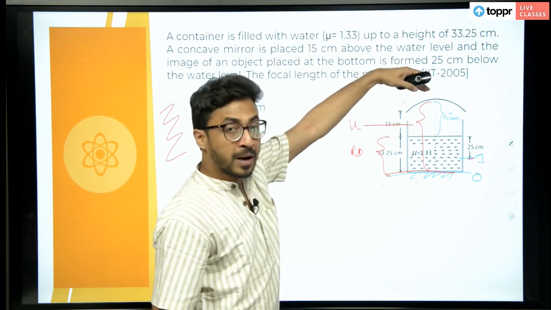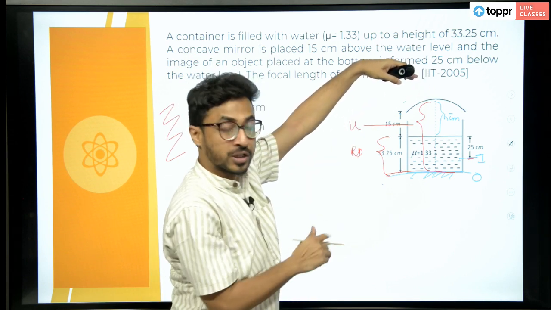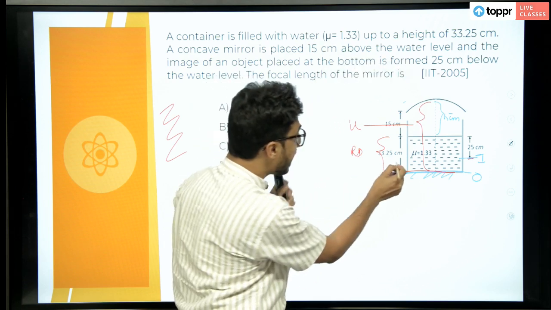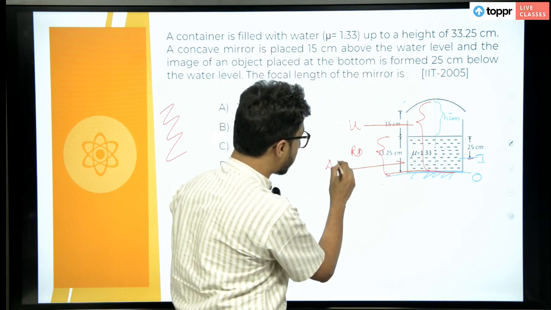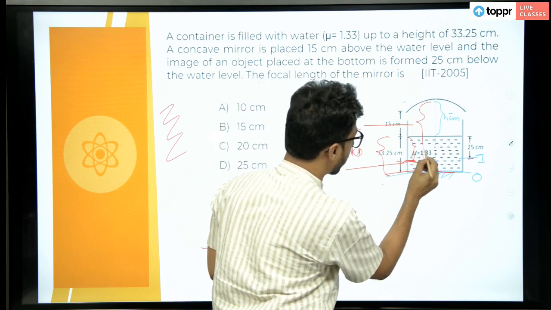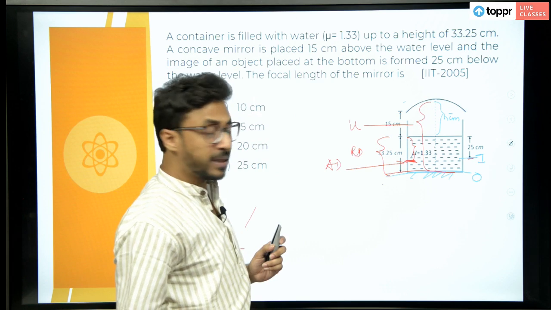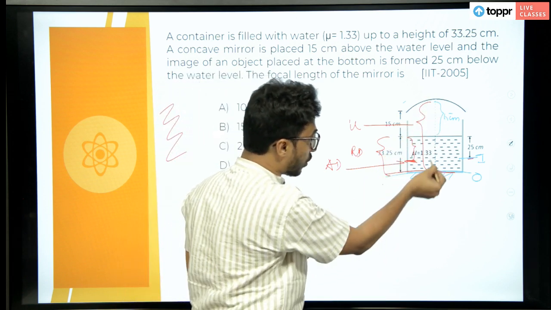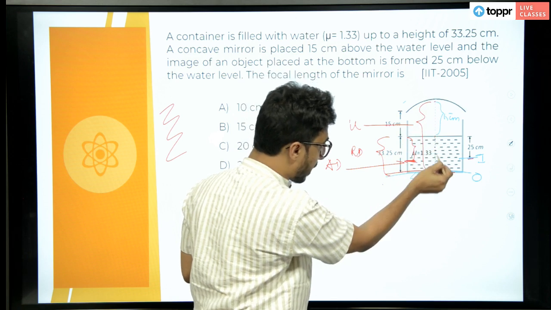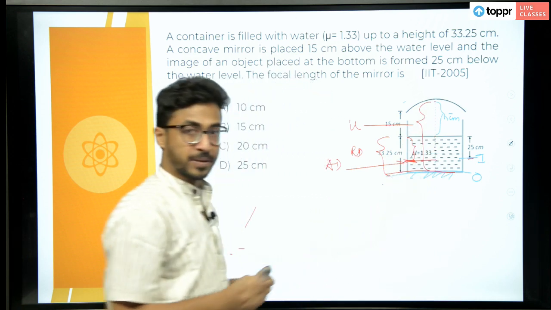Looking above the water, we will not get the real depth, we will get the apparent depth, isn't it? Say this is our apparent depth. Then the object distance will be this 15 plus this apparent depth.